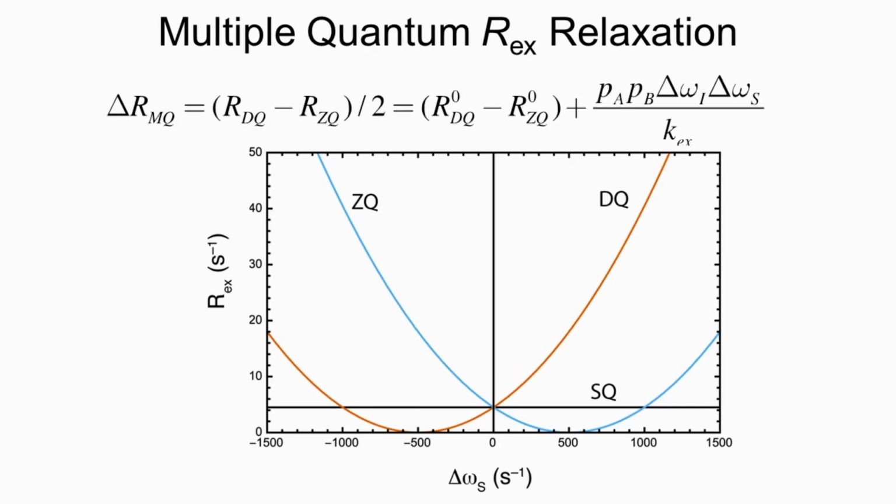So single quantum relaxation of the I spin doesn't care what's happening to the S spin, but the double quantum and zero quantum terms, as you can see, depend on this difference between the change in frequency for the I spin and the S spin. And depending on those relative magnitudes, REX could vanish for either the double quantum frequency or the single quantum frequency.